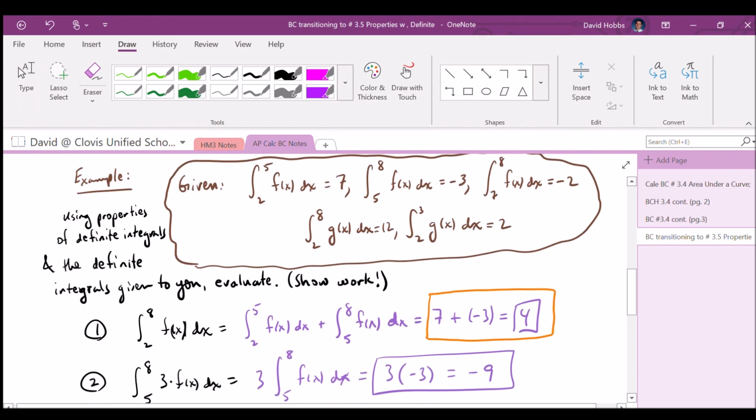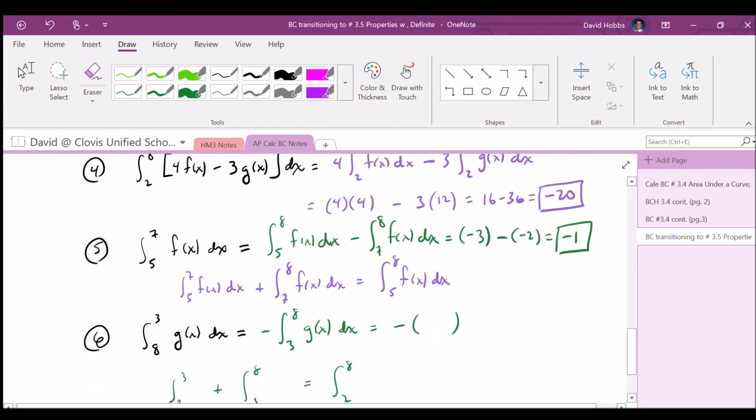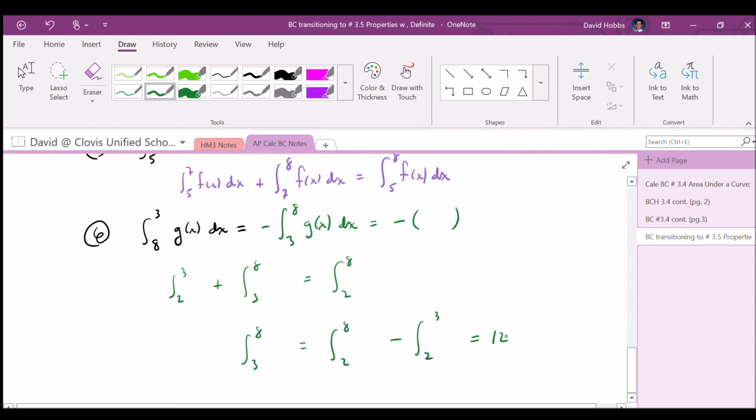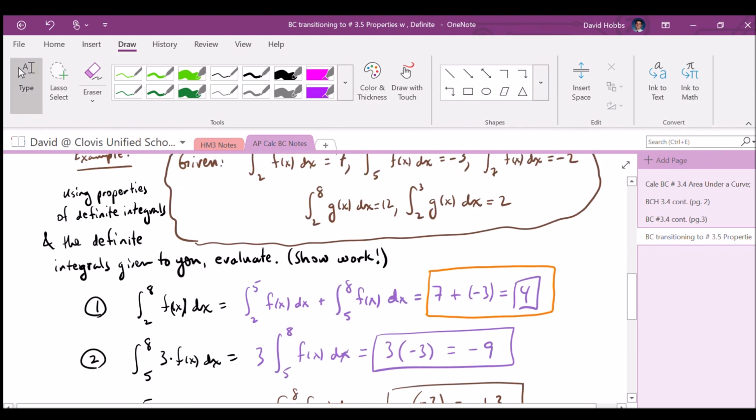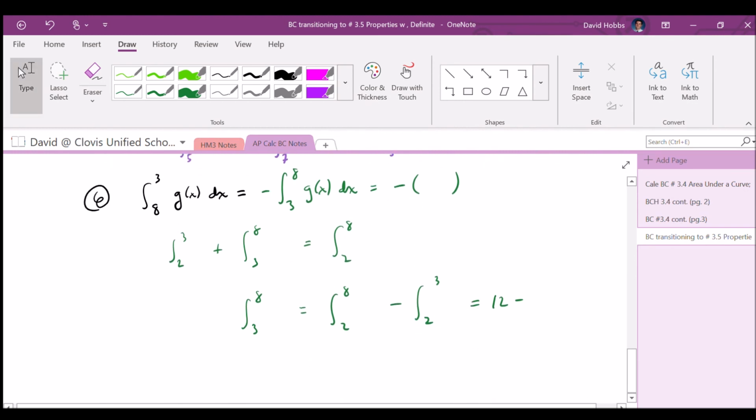The 2 to 8 is 12. And the 2 to 3 is 2, I think. 12 minus 2 is 10. So that's what the 3 to 8 of g of x dx is. And so this is negative 10.